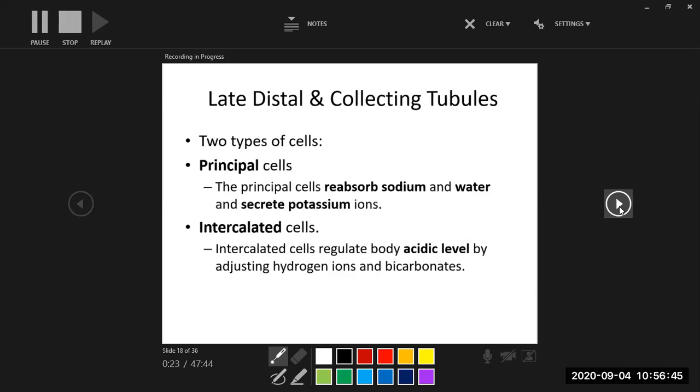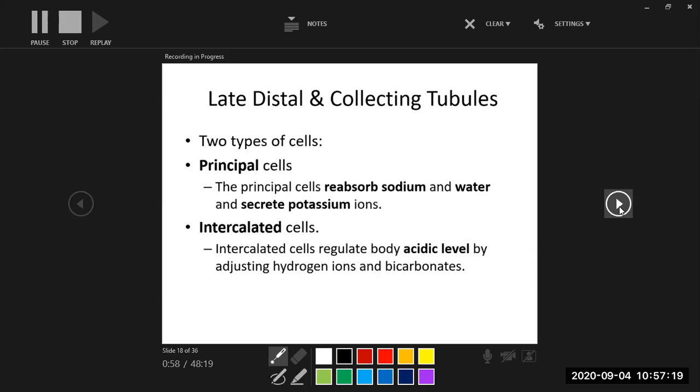The principal cells' function, we kind of mentioned already. Their function is to reabsorb sodium and water, as well as secrete potassium. Intercalated cells are a group of cells used to regulate our pH level. They can adjust the secretion of hydrogen.